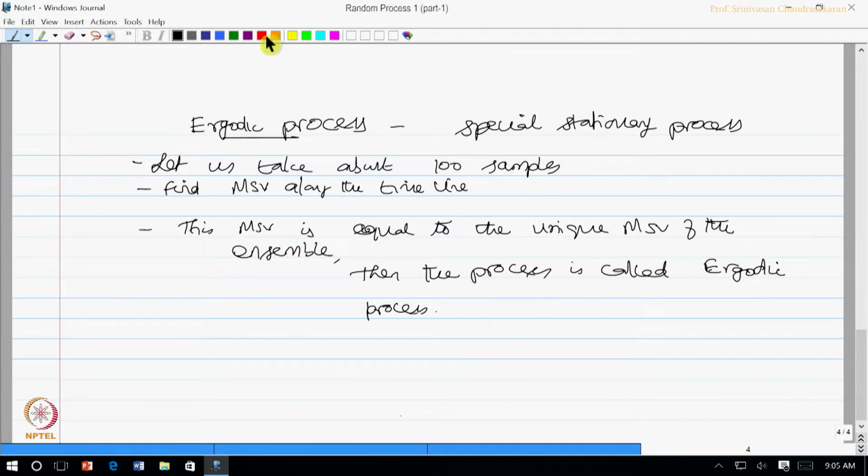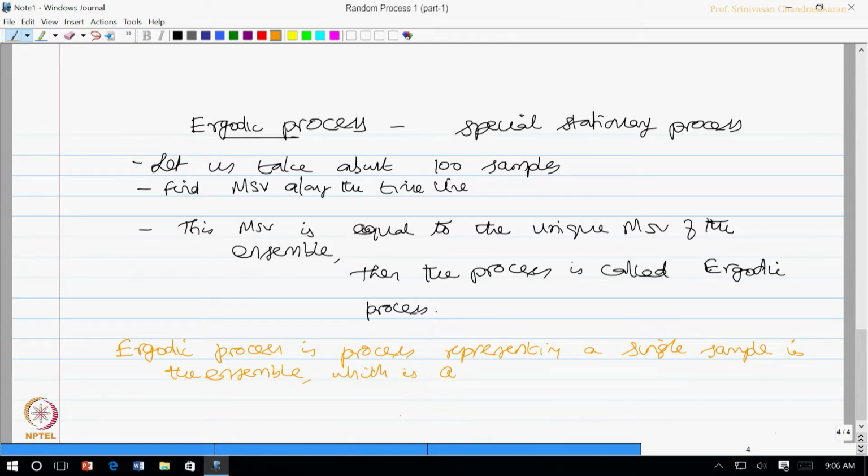So, by this logic we can say ergodic process is a process representing a single sample in the ensemble which is arbitrarily chosen, and has the same mean square value as that of the unique mean square value of the ensemble.